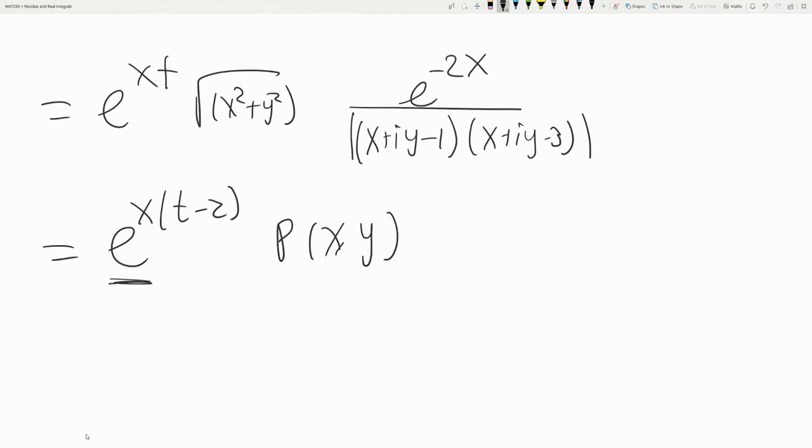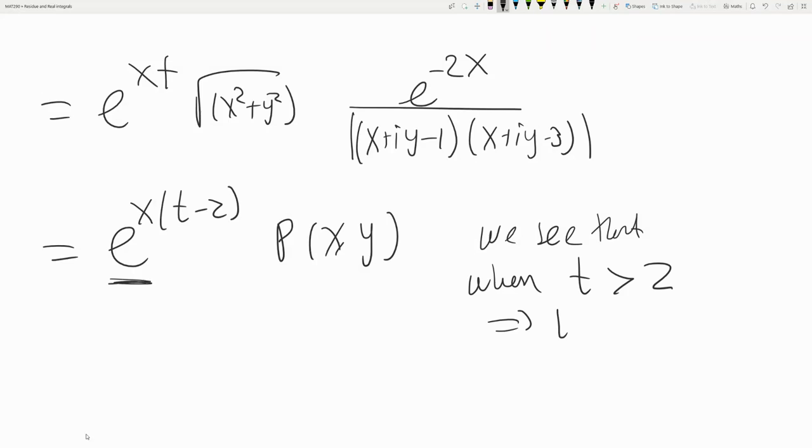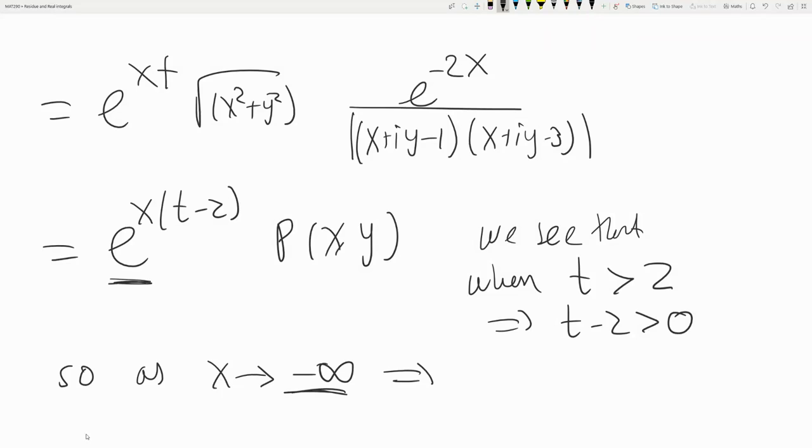So we see that when t is bigger than 2, then t minus 2 is positive, so as x goes to minus infinity, e to the x(t minus 2) goes to 0.